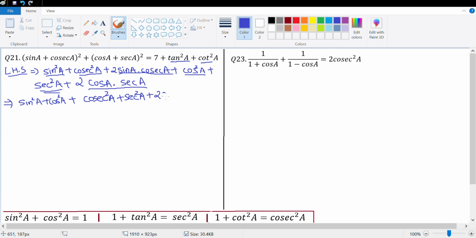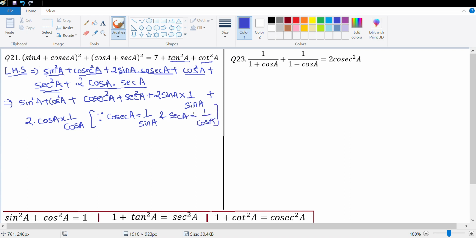So 2 times sine a into cosec a is basically 1 upon sine a, plus this term becomes 2 times cos a into 1 upon cos a. The reason being, cosec a is equal to 1 upon sine a and sec a is equal to 1 upon cos a.